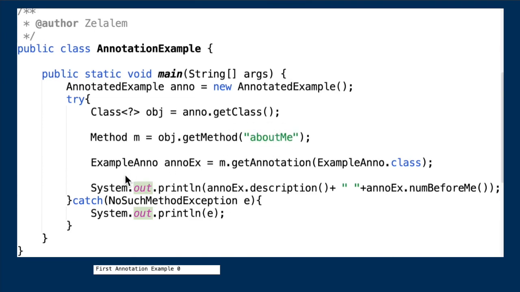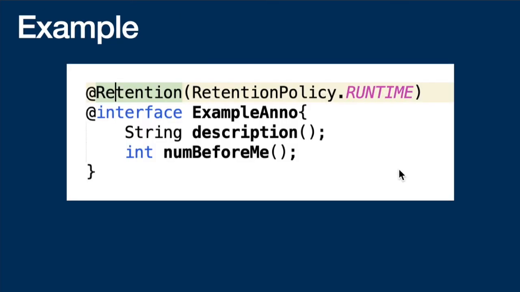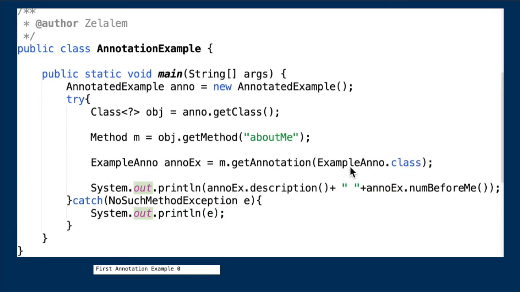Now, using the annotation, we will get the annotation. Here you will see ExampleAnno. If you remember, we have our ExampleAnno, and that's what we used to query the annotation type.